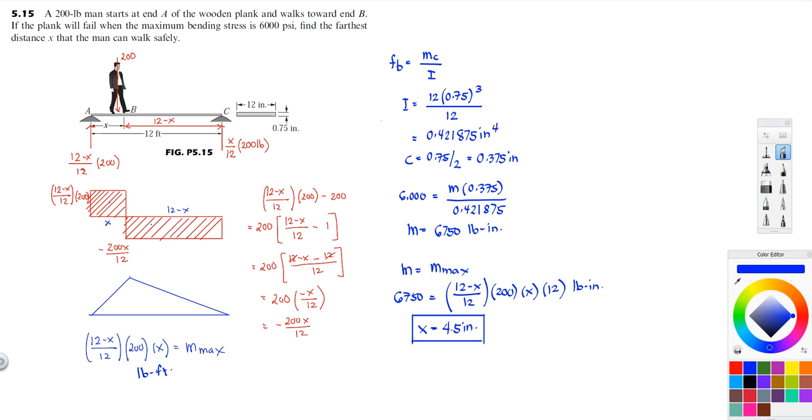Sorry, that's 4.5 feet. Feet, no? So, kinonvert na nga pala natin siya. So, that's in feet.